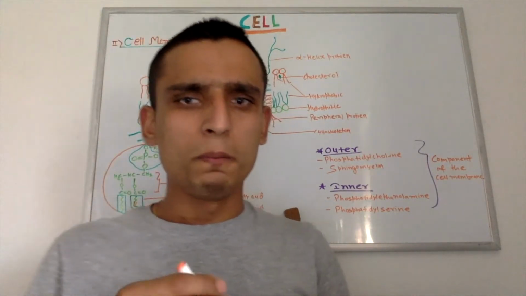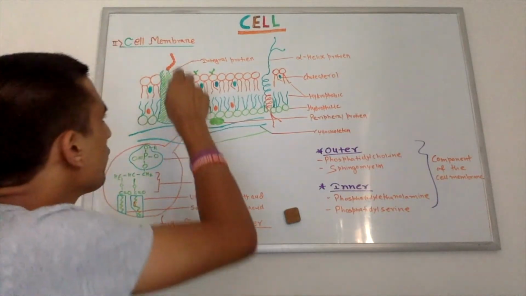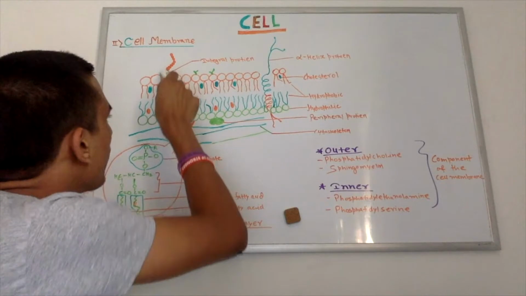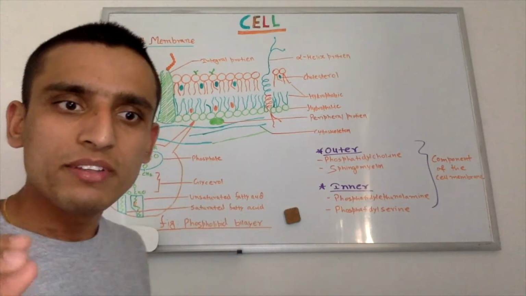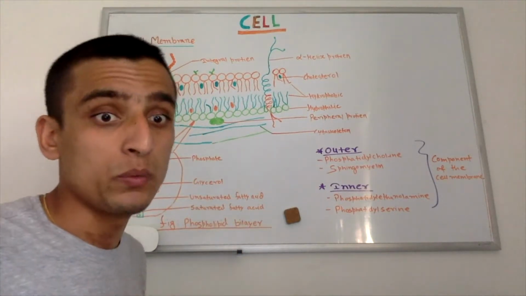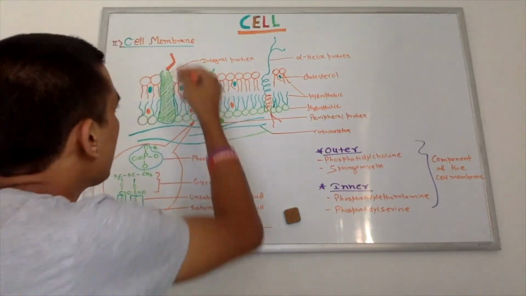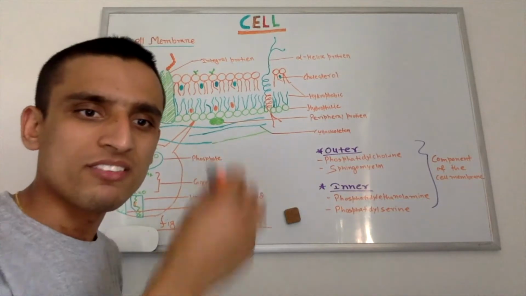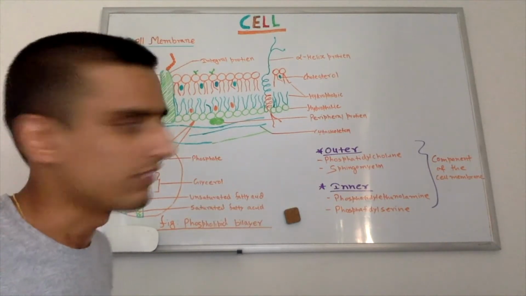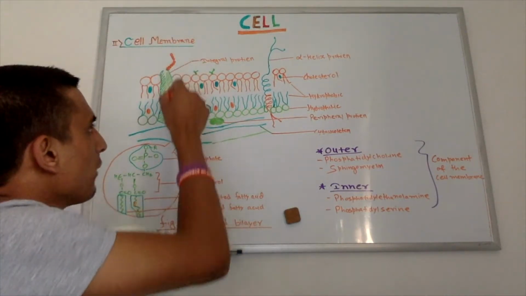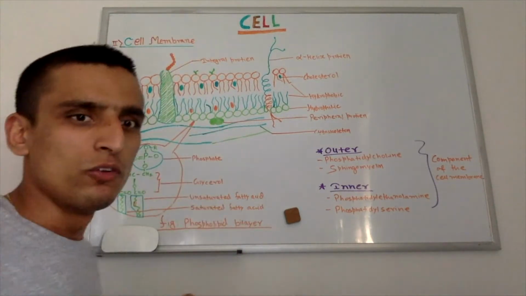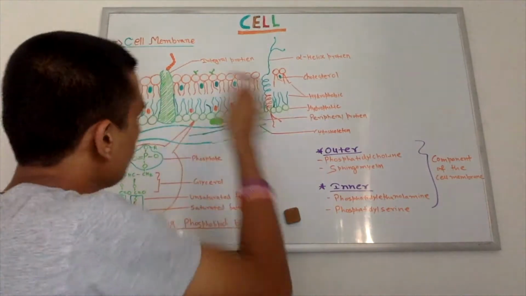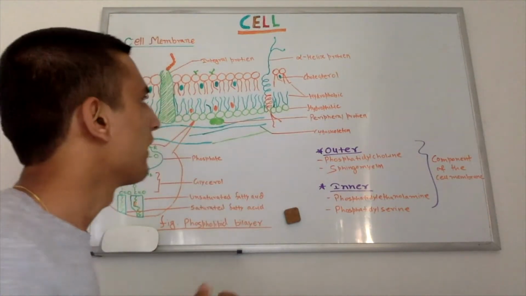As I told you, the integral proteins are very important and they have water-filled channels. Water-soluble things like the ions sodium, potassium and calcium can go through there. The channels that pass water are usually called aquaporins. When these ions go inside and outside, the transportation may be active or passive, depending on different things, so we need to understand that.